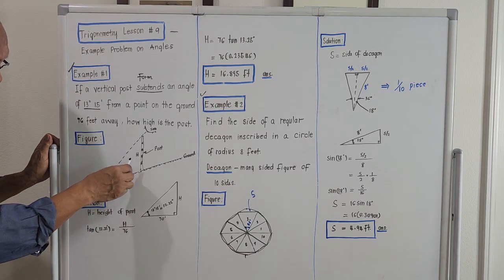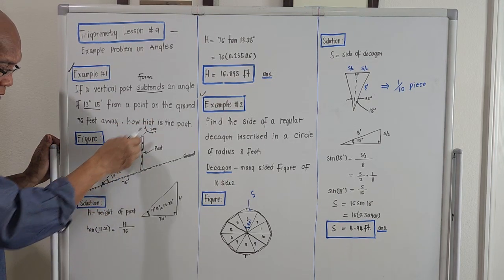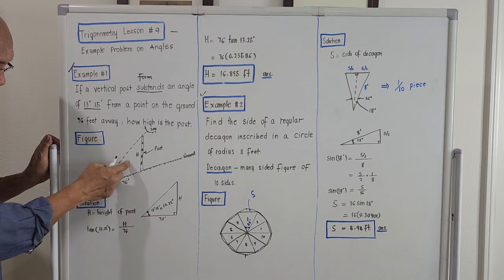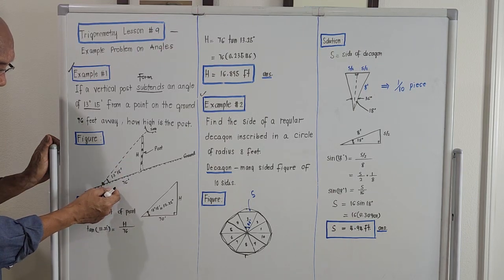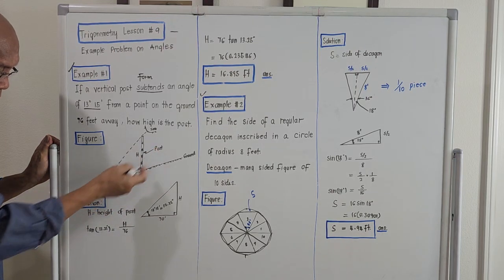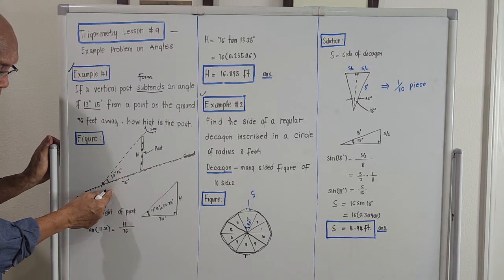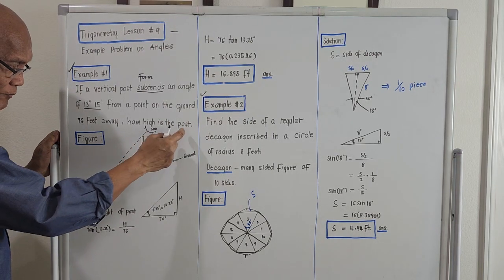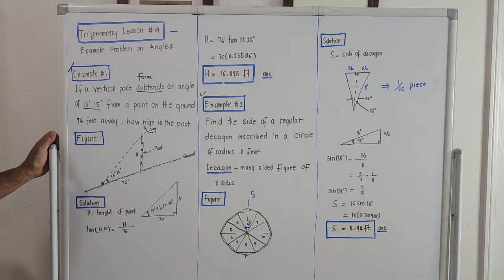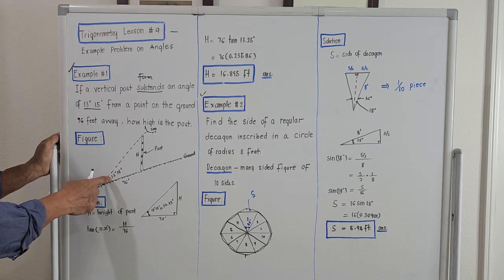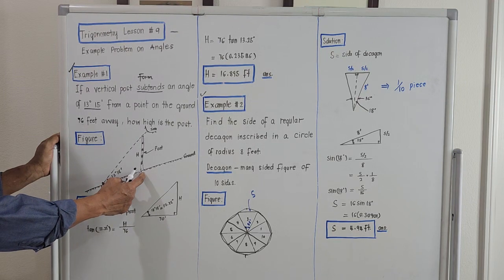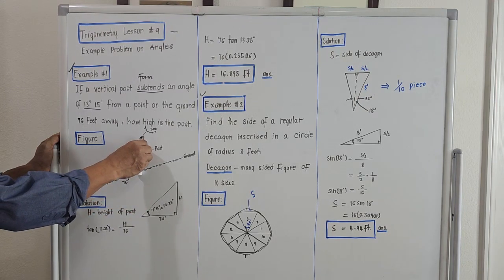So if the angle subtended by the force at a certain time of the day is 13 degrees 15 minutes, and the point is 76 feet away from the force, how high is the force?